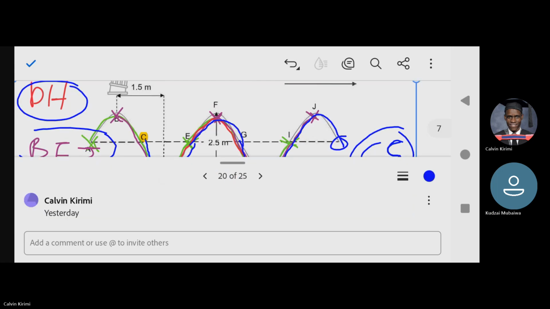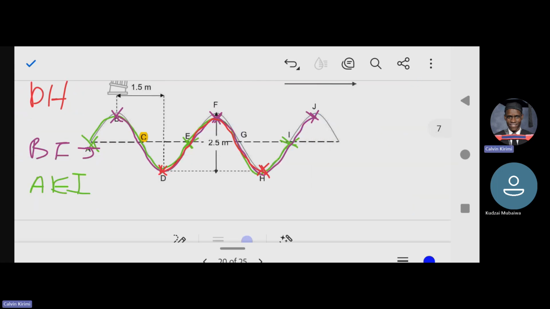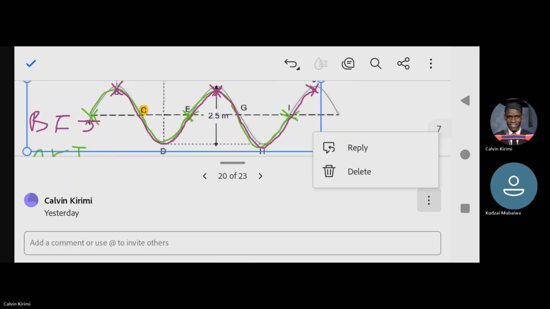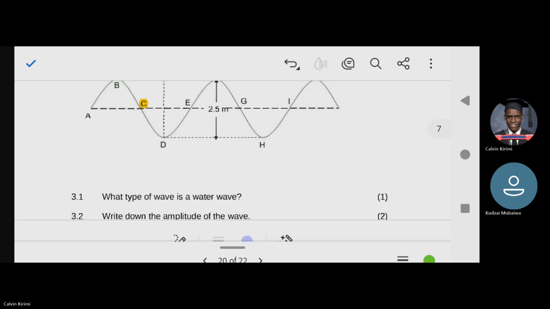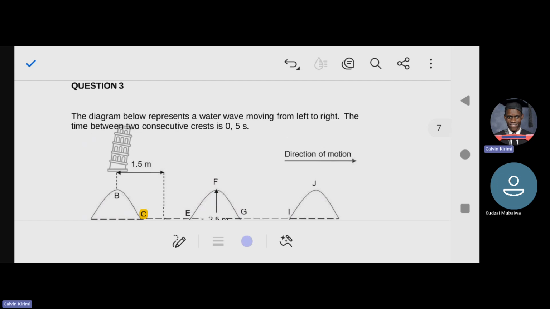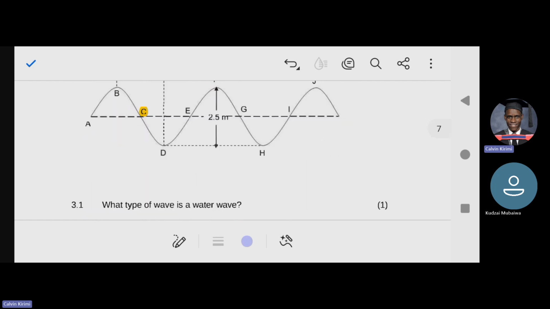What is that time? Here in the question, they said the time between 2 consecutive crests. The time between 2 consecutive crests is how much? 0.5. Yes, 0.5 seconds.